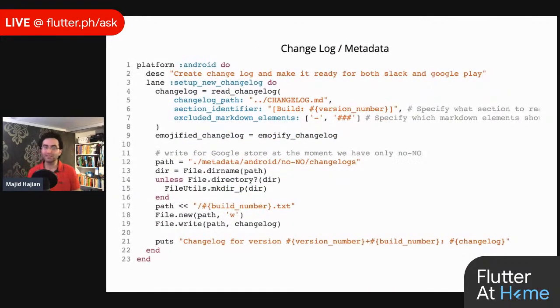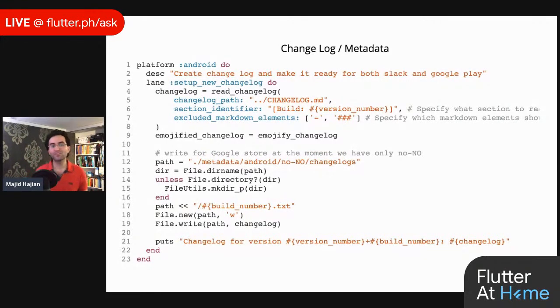So another thing is creating changelog, right? Or metadata, as I said. So the metadata, as examples I already explained, like if you want to update app name or app description or screenshots or those kinds of things, you definitely can handle it for different languages, of course, for your application via Fastlane.